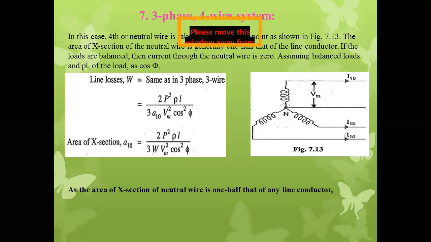So the volume of conducting material required for the neutral wire is also half of that of the line conductor, because the length is constant, but the area of cross section is different, and the relation between them is that the neutral wire area is exactly half of the line conductors. That's why the volume of conductor material required for the three-phase four-wire system will be found like this.